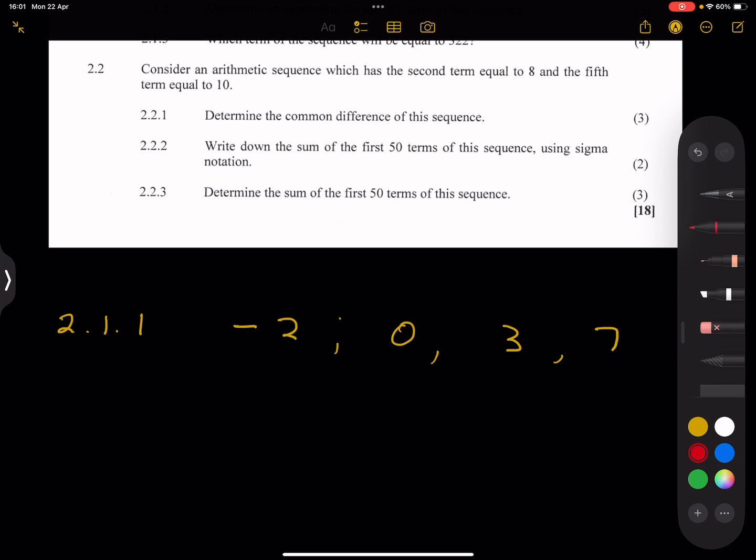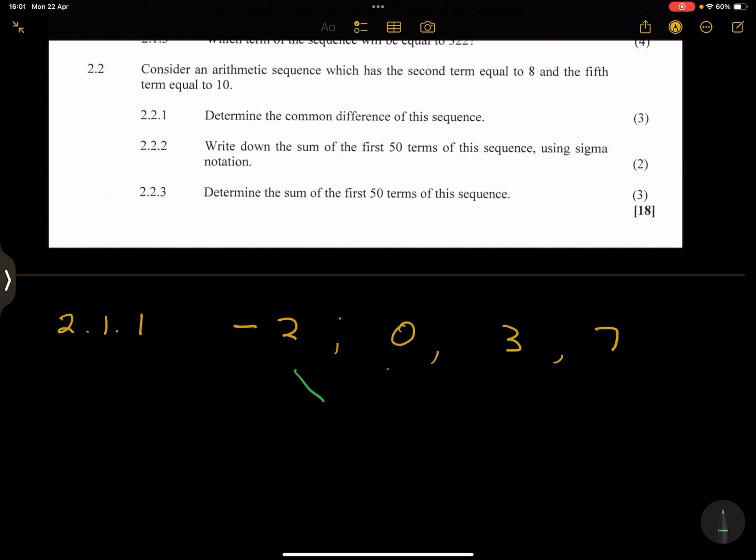For my first difference, if I say 0 minus a negative 2, that will give me 2. And I say 3 minus 0, that will give me 3, right? And if I say 7 minus 3, that would be 4.